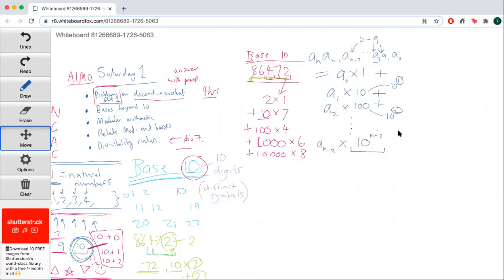And because I don't want to actually write n minus 2 zeros, I'm going to write 10 to the n minus 2. Okay, cool. So this is just the general expression for a number with digits An all the way up until A0 in base 10 expansion. And then the last term is An times 10 to the n.